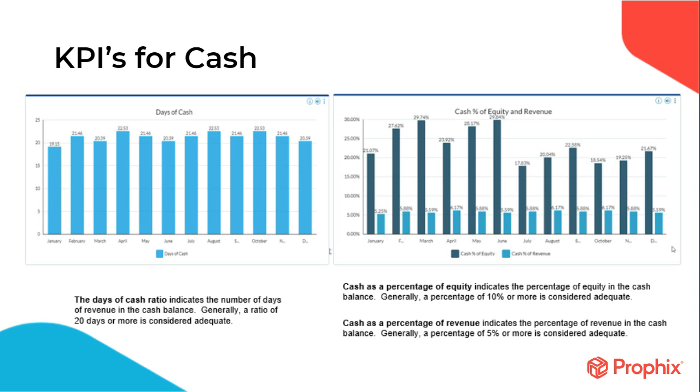Another good ratio to look at is the cash as a percent of equity and revenue KPI. This is how much of your equity you have tied up in cash to fund your daily operations and how much cash you have to drive your revenue. If you always keep the same amount in cash, but revenue and the related costs are rising, then you need to be putting aside more cash to fund operations.